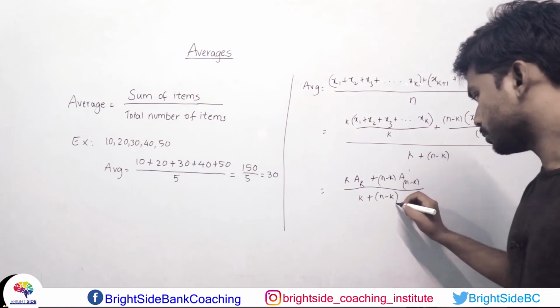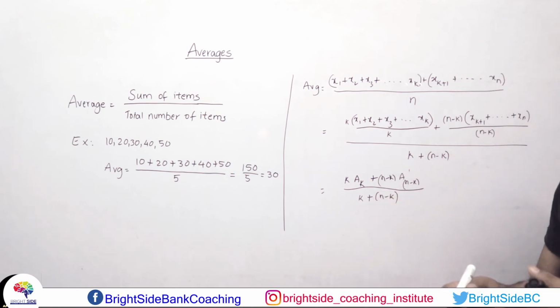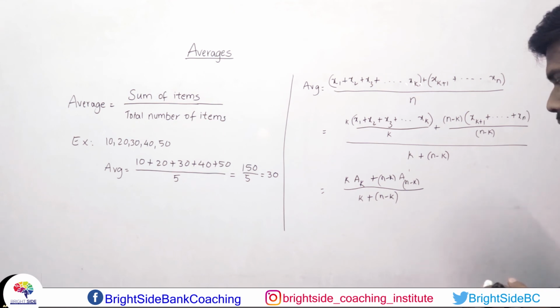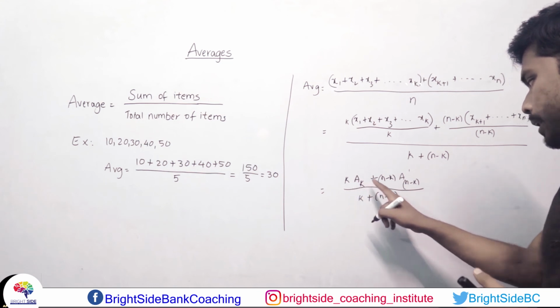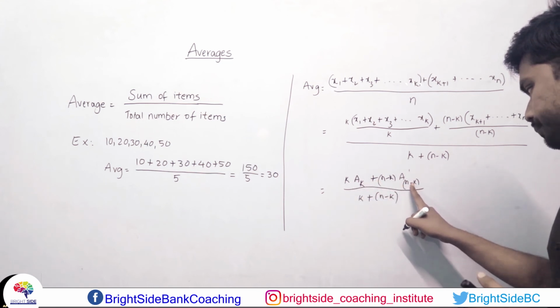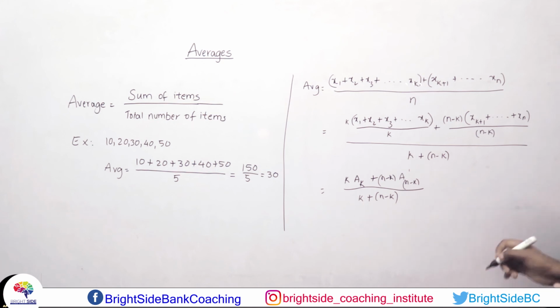In the question he will be giving it like this. In a class, some group of students having average Ak, and he'll be asking you the average of another group. Let us suppose in a class there are 100 students, 40 students got an average of 45, and he'll be asking the remaining 60 students' average.